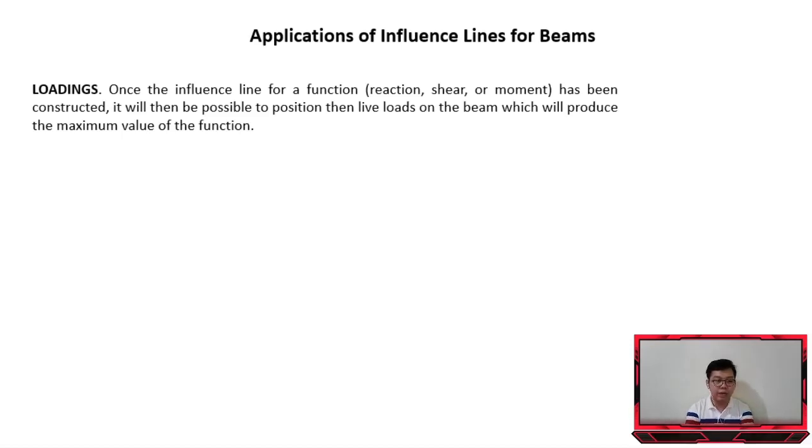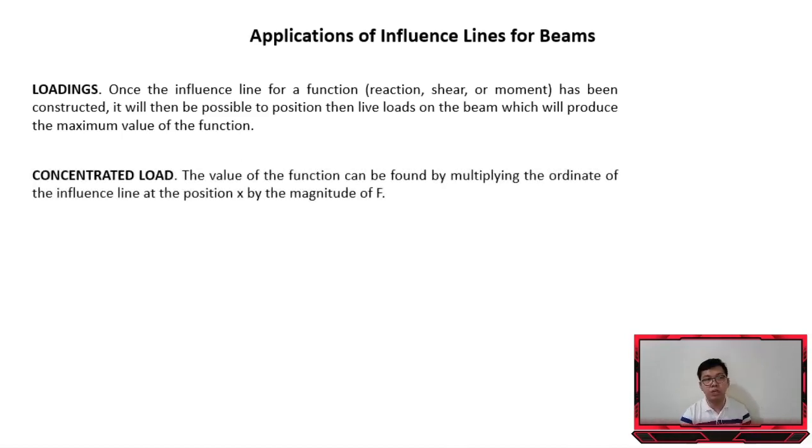Ang gagawin natin is from the influence diagram, alam na natin kung saan natin ilalagay yung live load. We will just consider 2 loadings. Once the influence line for a function or reaction, shear, or moment has been constructed, it will then be possible to position the live loads on the beam which will produce the maximum value of the function.